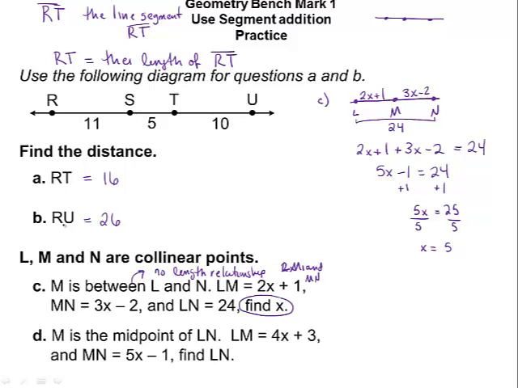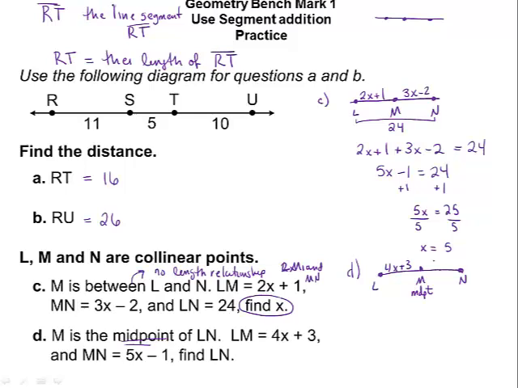And then for D we know it's a midpoint. So if I draw this picture again, L and M and N, I usually put midpoint underneath it if I know it's a midpoint. That's just for me, so I know for a fact that this part and this part are equal.